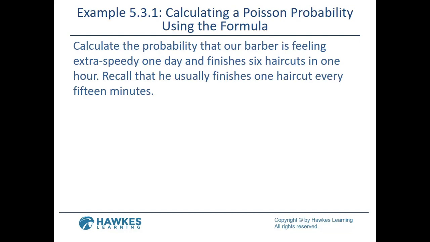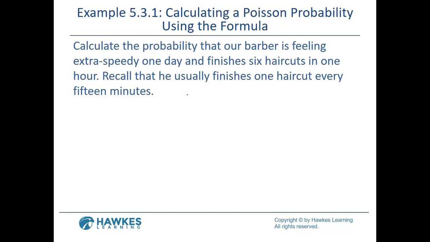Okay, so let's take a look at an actual problem. We're going to calculate the probability that our barber is feeling extra speedy one day and finishes 6 haircuts in 1 hour. We recall that he usually finishes one haircut every 15 minutes. One of the things is we want to figure out what exactly we're looking for.